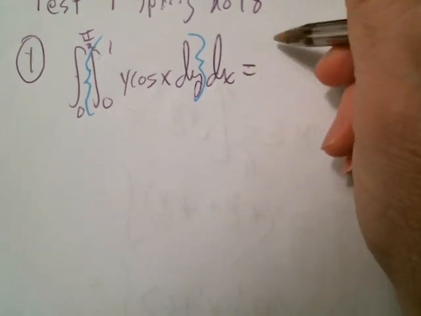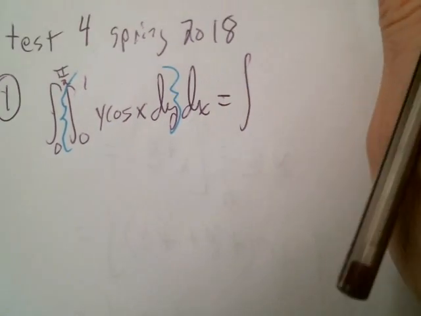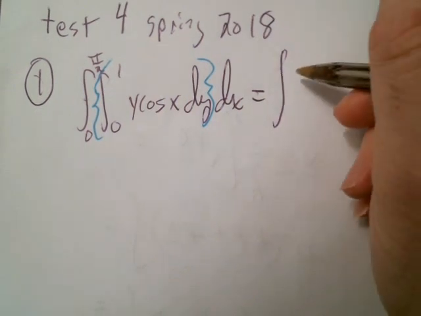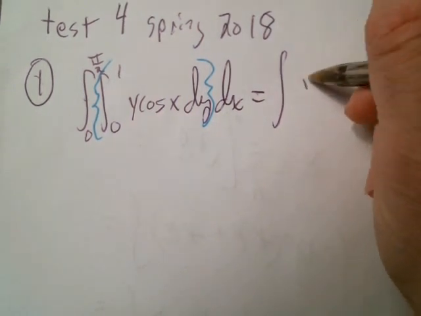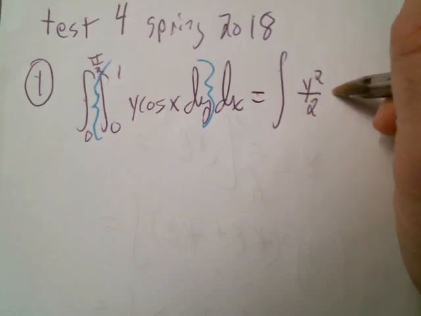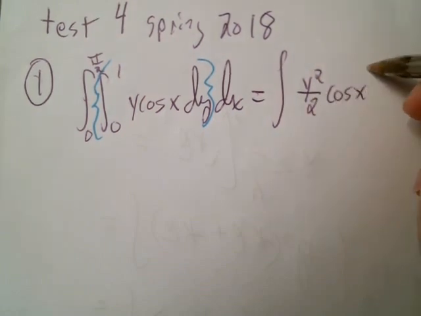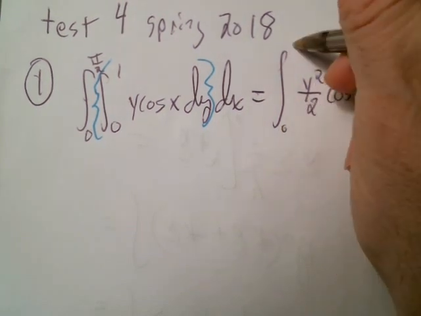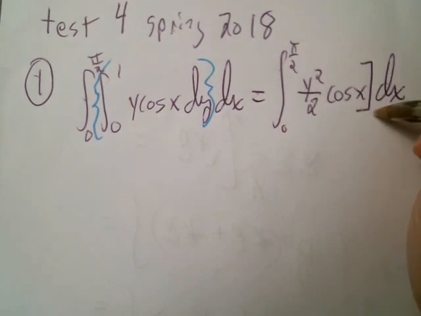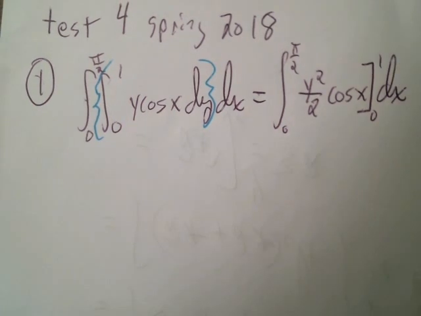So the inside is with respect to y. So I'm going to have y squared over 2 times cosine x, and I need to remind myself to evaluate, and then dx, from 0 to pi over 2, and the limits here are 0 to 1.